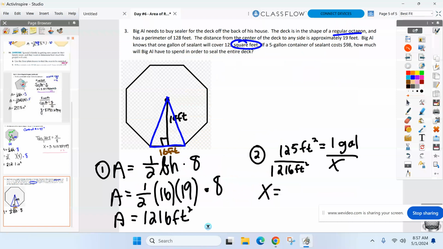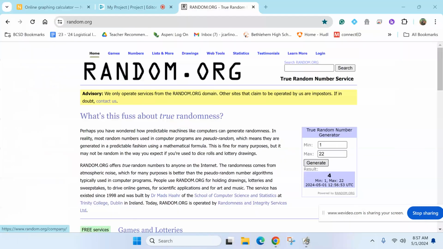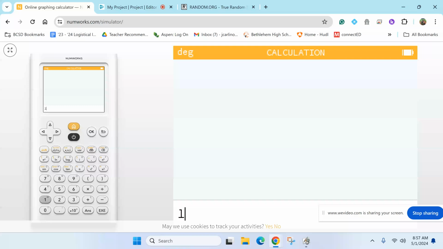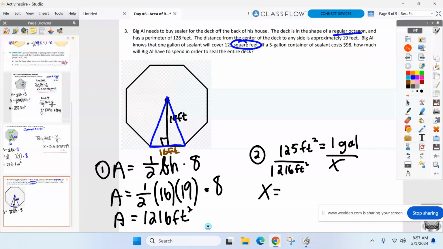And we're going to get a decimal. 1216 divided by 125. All right, we talked. You can't buy that many gallons. That's ridiculous. So how many gallons am I going to need? 10 gallons, right? So I'm going to need 10 gallons here.